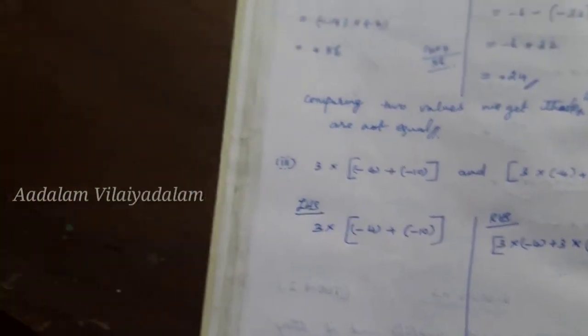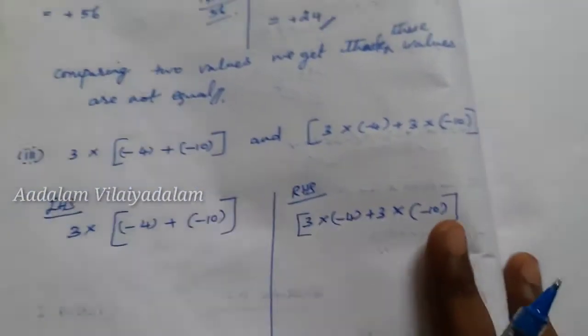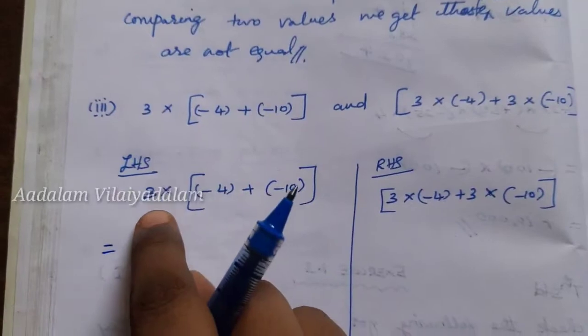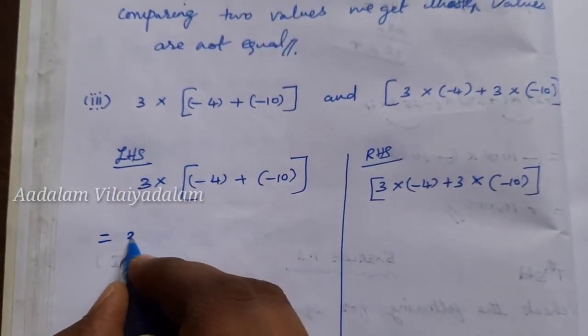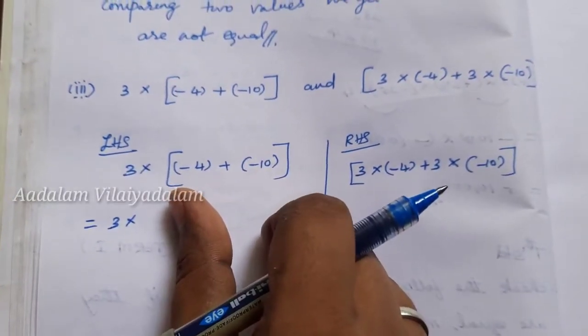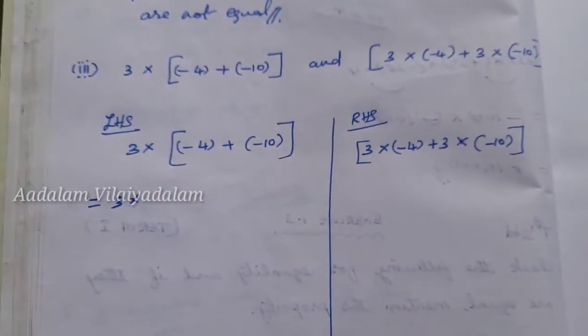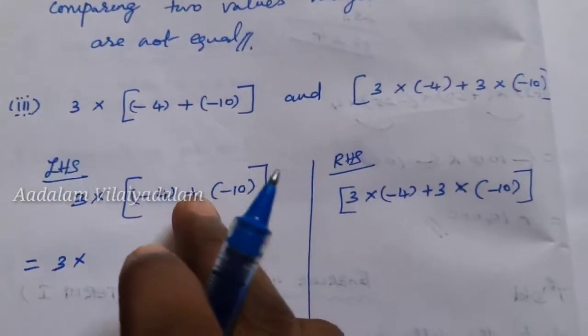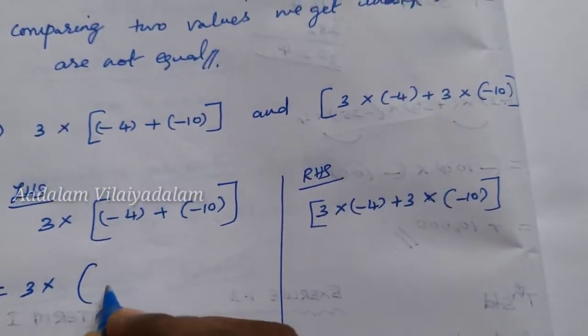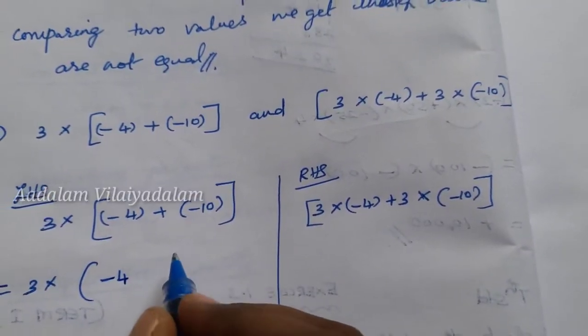So what happens here? 3, we can write as it is because we have to solve the integers inside the bracket. Here they have given a plus value, but minus 4 you can write as it is.